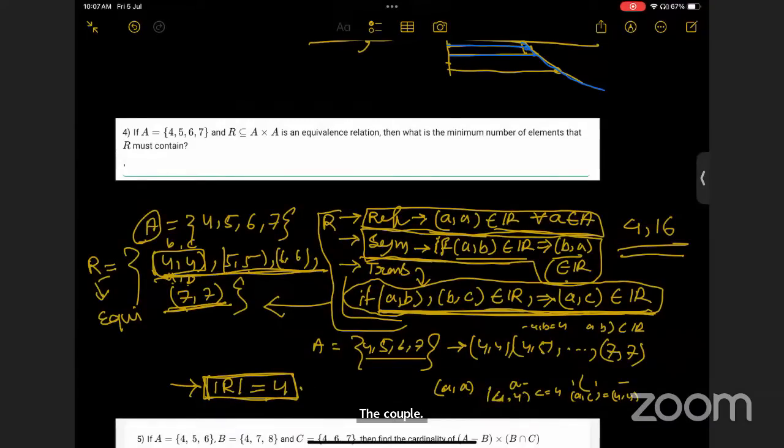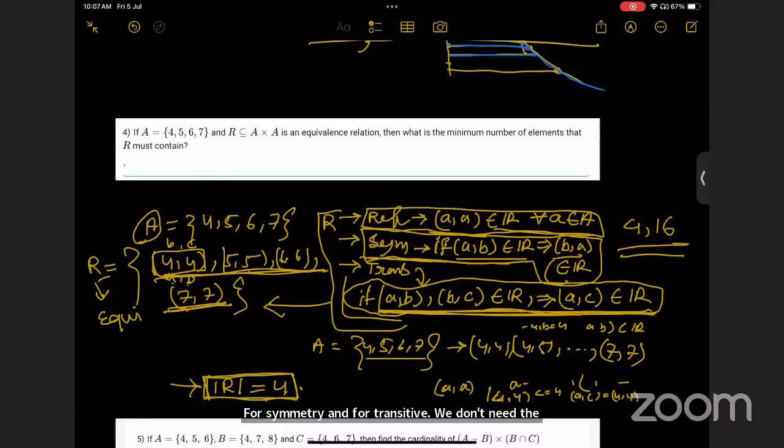Ma'am, if we are considering a relation, for reflexivity it should have all the elements of A follow this property. For symmetry and for transitivity, we don't need the property for all the elements.